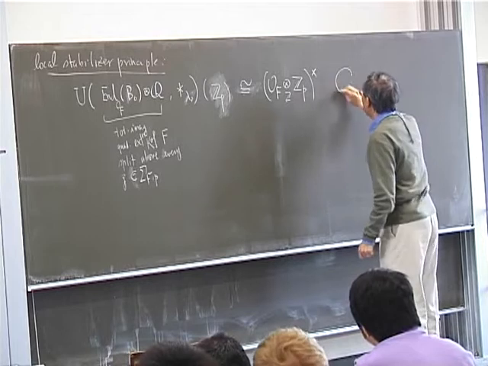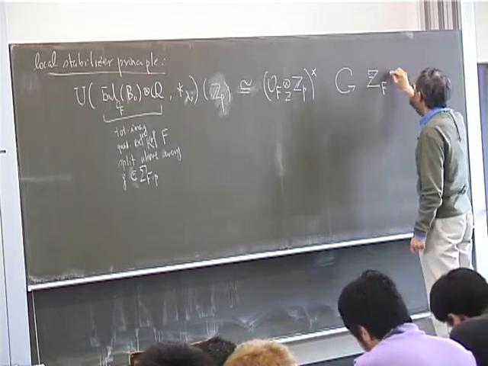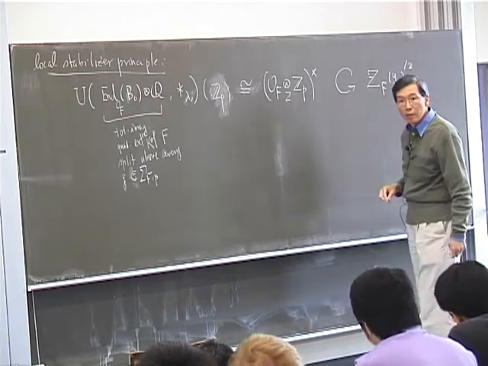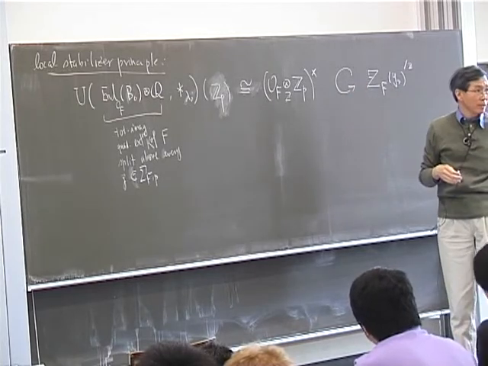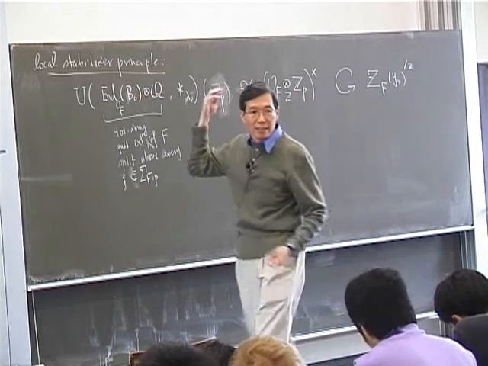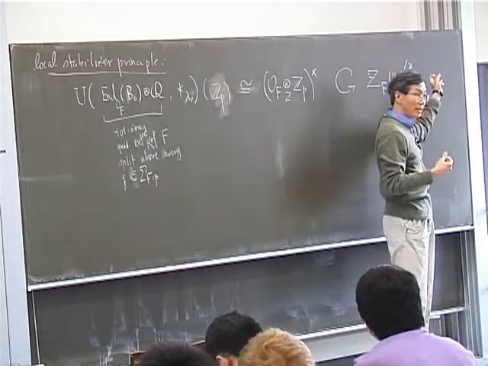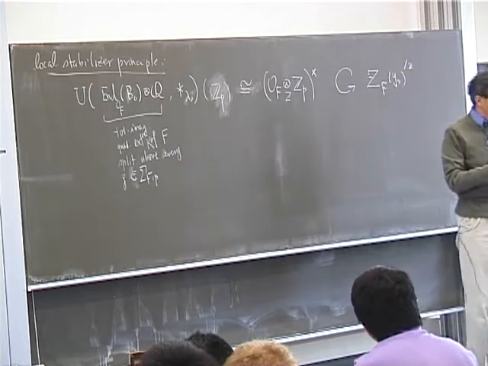Now, this operates and stabilizes what? It stabilizes ZF of Y0 hat of Z for each such Z which is smooth and ordinary. This is the local stabilizer principle. The reason being that the Zariski closure of the Hecke orbit has to be stable under all Hecke correspondences.